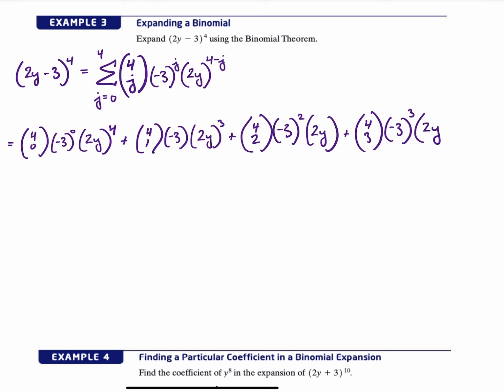Let's see, did I skip a power? This should have been to the 2nd power here, because we'll have descending powers. It starts off at 4 minus 0, 4 minus 1, 4 minus 2. So then 4 minus 3, the 1st power. And then our last term would be 4 choose 4 times negative 3 to the 4th power times 2y to the 0 power.